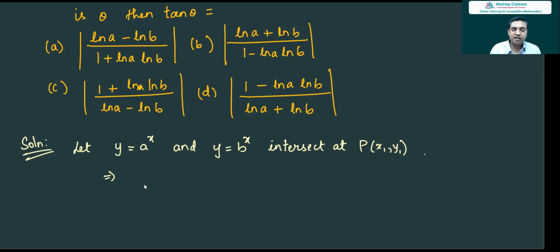So where do they intersect? You get a power x is equal to b power x. Where will they intersect?